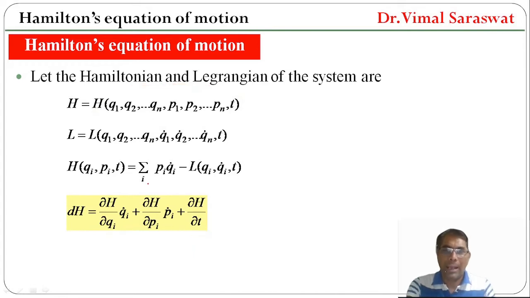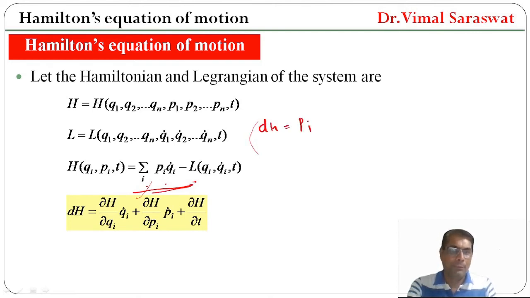Now H is equal to sigma i pi qi dot minus L, and if we find the total differential of H from here, then dH is equal to, first of all, pi constant and the differential of qi dot is qi double dot, plus, second, qi dot is constant and the differential of pi is pi dot.